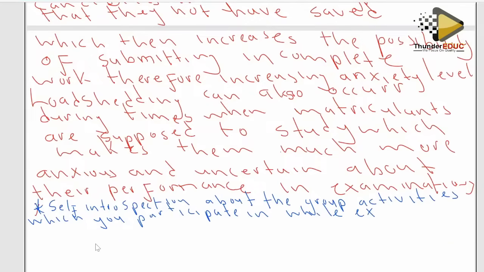So look at the group activities you participate in whilst excluding others.